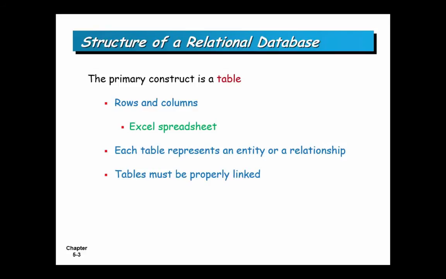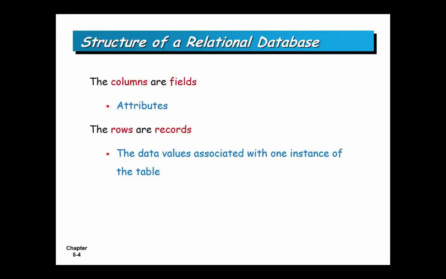Each table either represents an entity or in some way represents a relationship between entities. And of course, for it to be a database, the tables have to be properly linked. As we know, the columns in your table are the various attributes that define that information.